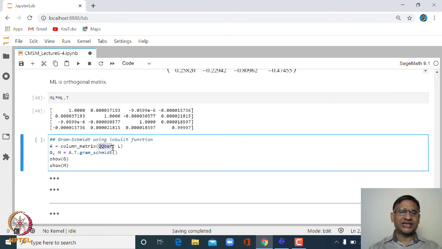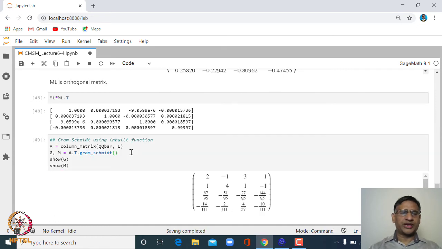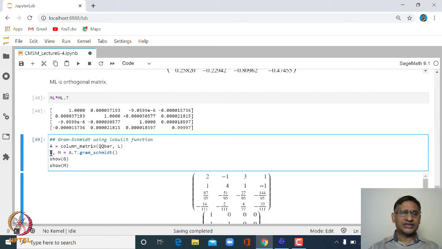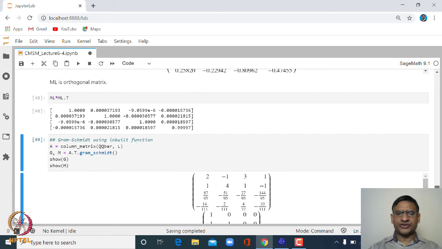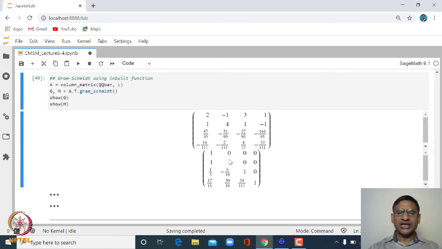So it is the extended rational field, you can define over RDF and CDF also, and then call A.transpose, let us apply Gram_Schmidt, and this actually gives you two matrices, output is G and M. I have stored these as G and M.